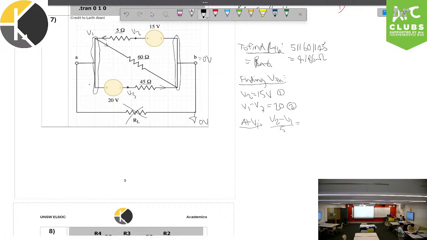We don't know the current going straight down from V1, but we can say that it's equal to the current going through V3 because it's through the same branch.